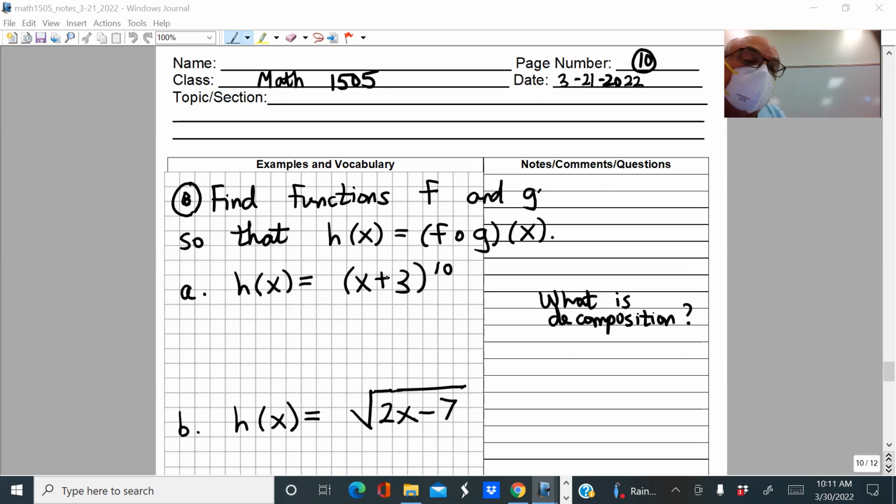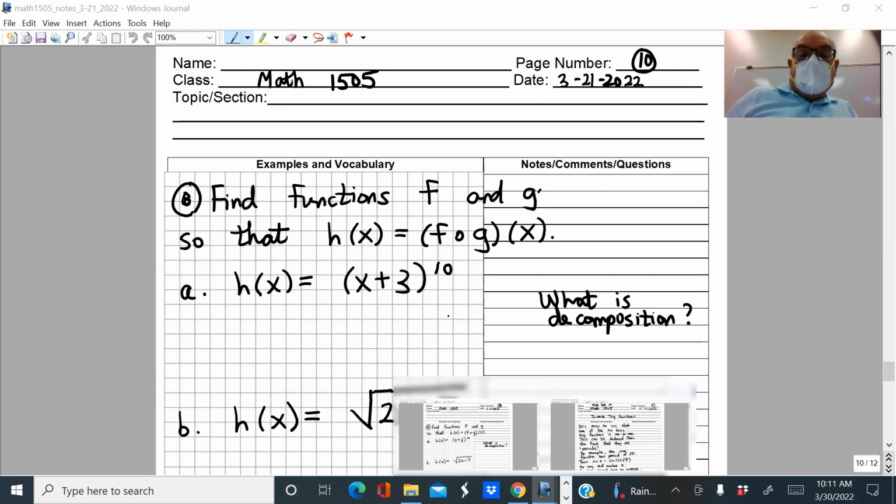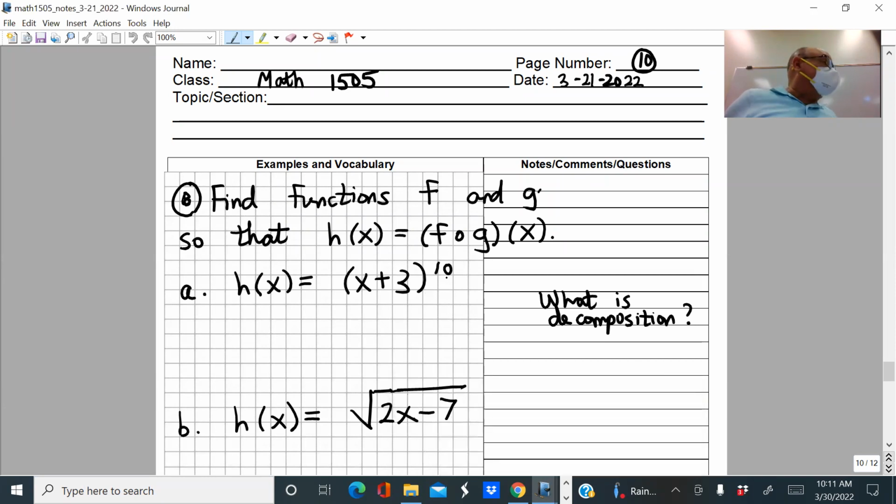You see the idea? So I want to write down two simpler functions so that when I compose them, then I would get my more complex function. And then that allows you in calculus to sometimes work with the more complicated function if you have it decomposed as two simpler functions.